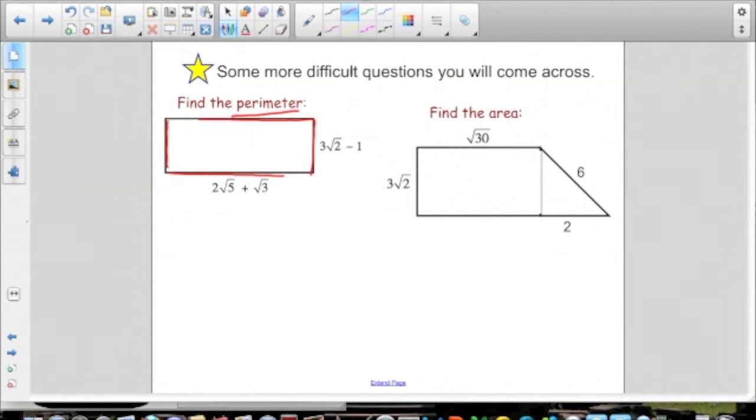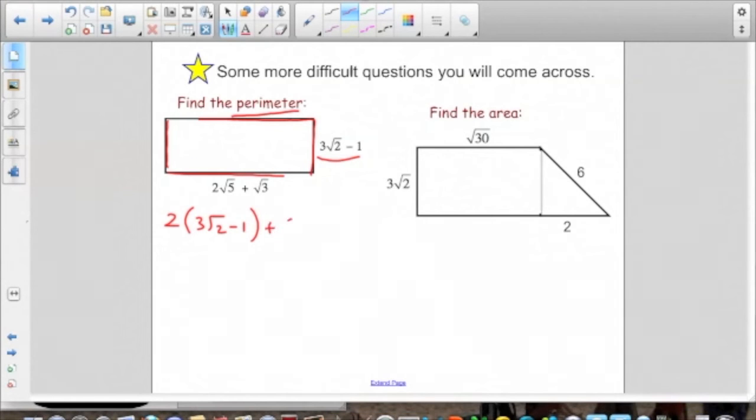So this is a pretty easy question because all you're doing is adding up this to this to this to this. Well, we'll make it into a multiplication, so I don't want to write it out too big. So I know that there's 2 of these, 2 widths we can call them. And we're adding it to 2 of, we'll call these the lengths.